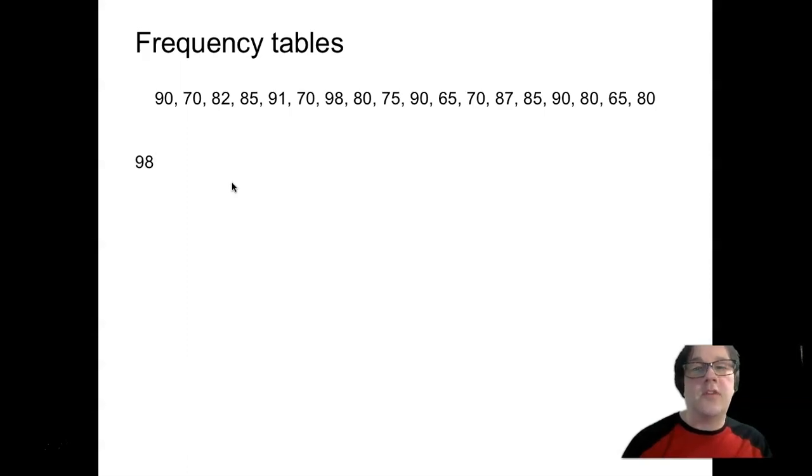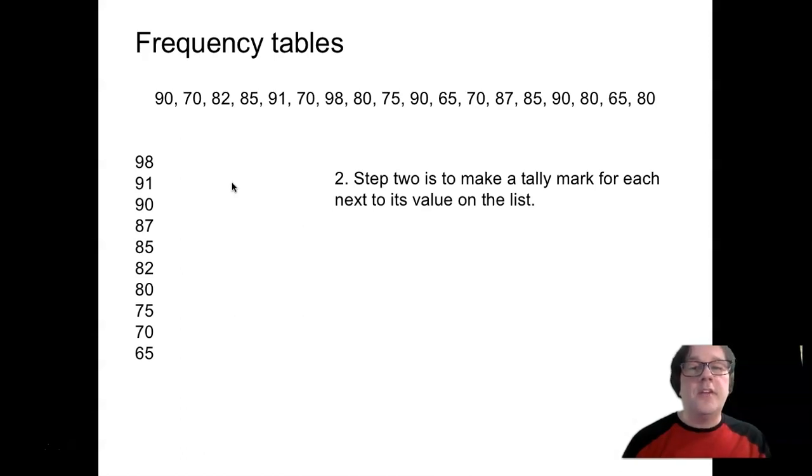We start off with 98. I'm just going through all of these scores and listing them down from highest to lowest. 91, 90, 87, 85, so on and so forth, right? So we basically took care of step 1. We found each unique score and listed it down from highest to lowest.